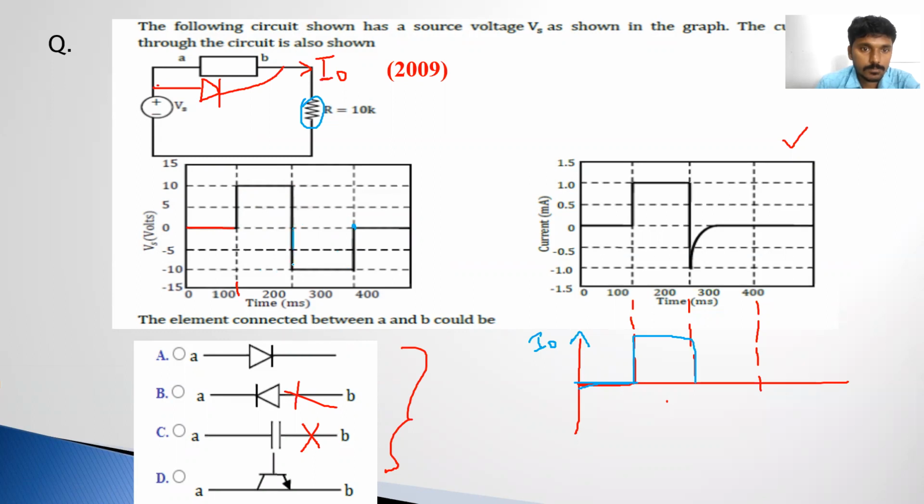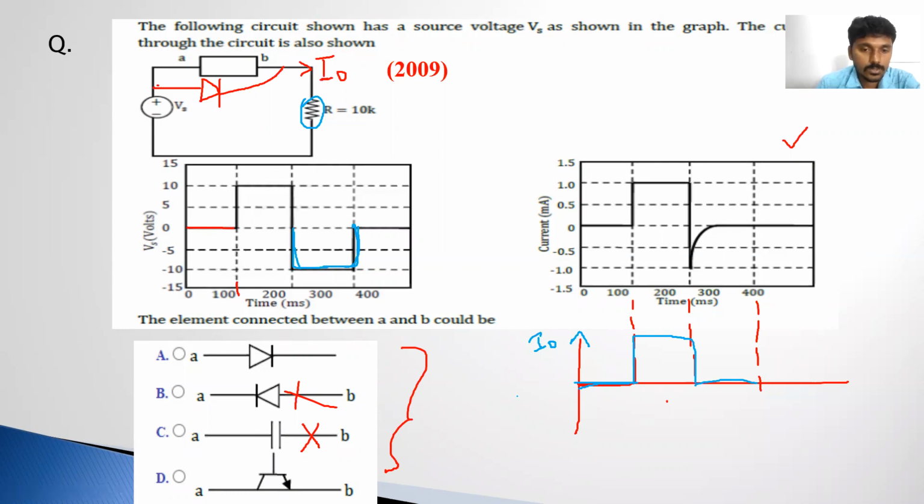Negative, right? If the negative voltage is applied across the diode, is the diode turned on or off? It will go to the turn-off condition, meaning no current is flowing through this circuit. So then what will happen? The current is becoming 0.